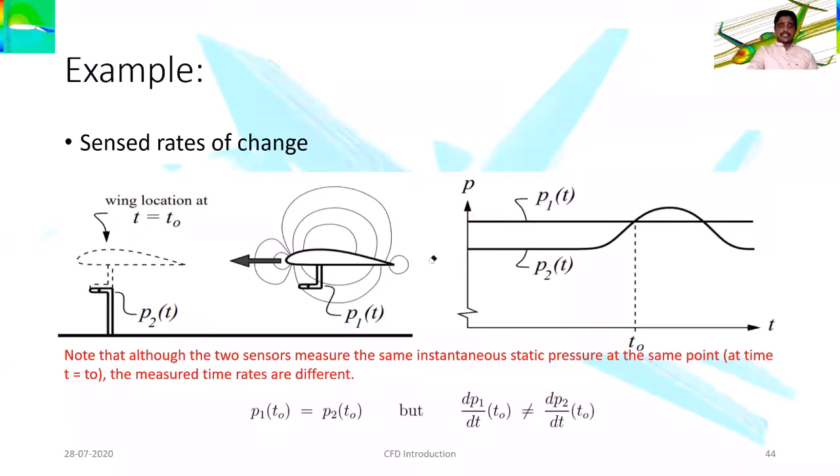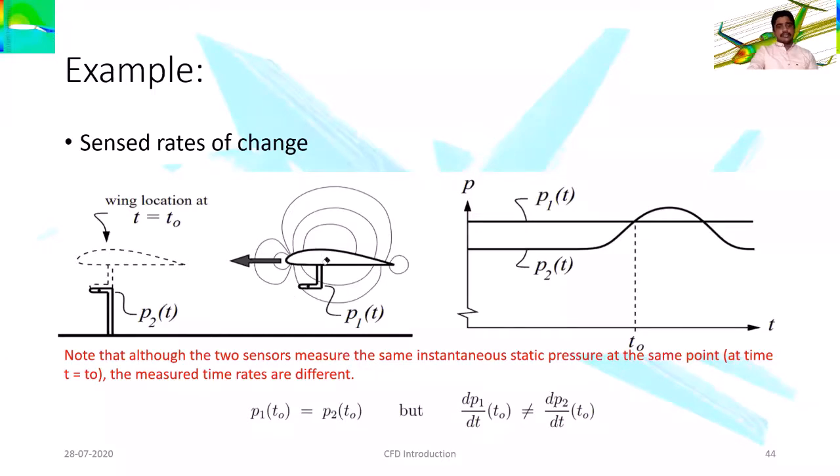On this particular line, when we measure the pressure P1 of t against the time variable, it always shows the same value. But when the same wing is moving, when it is displaced from a time location, it changes with respect to time. Here we notice a change in the measured pressure when the wing moves close to this location and away from that location.